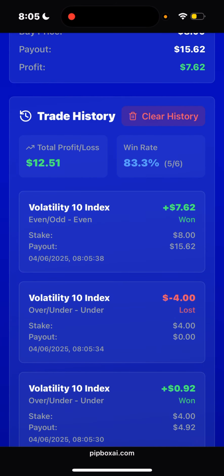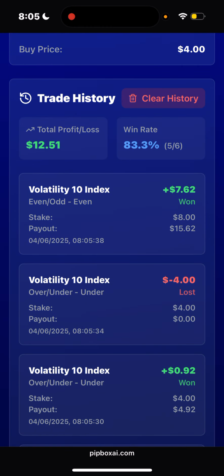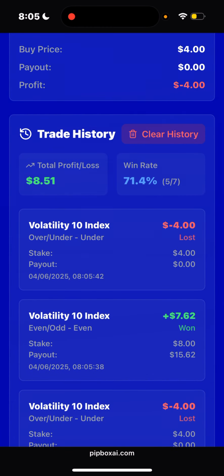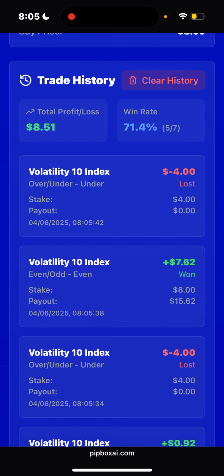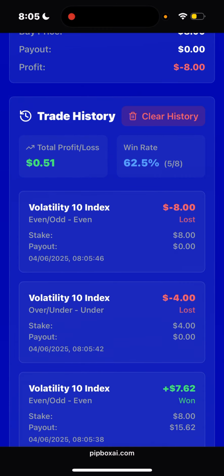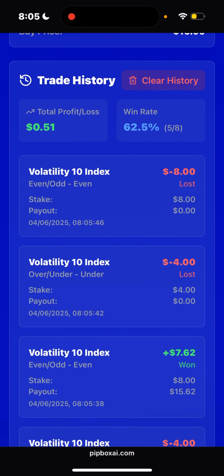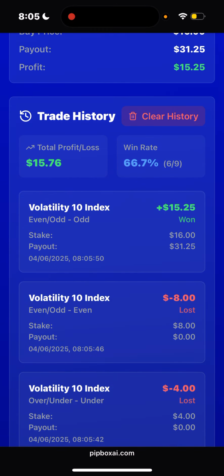We have a loss right there. For this one, we're not using reverse martingale strategy because reverse martingale strategy is not coded in the system. Rather, it's just using the martingale strategy that comes with the bot.